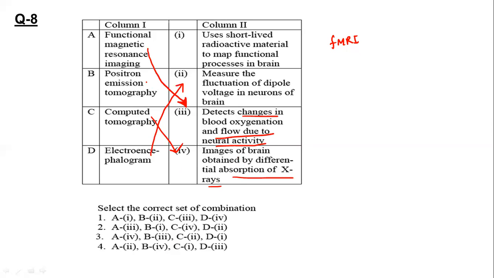And positron emission tomography uses short-lived radioactive material to map the functional process in the brain, right? That's why PET is more toxic than fMRI or functional MRI, because short-lived radioactive materials are used.